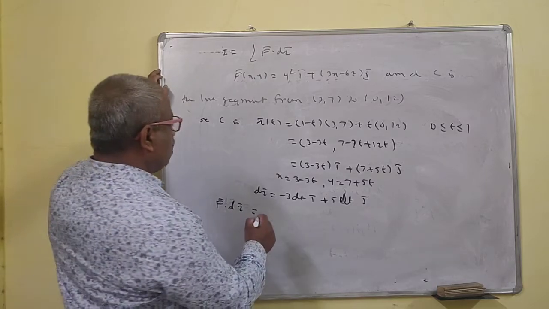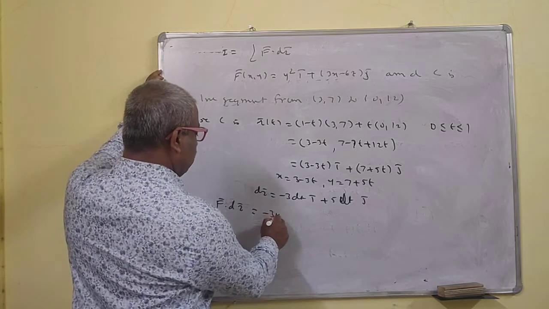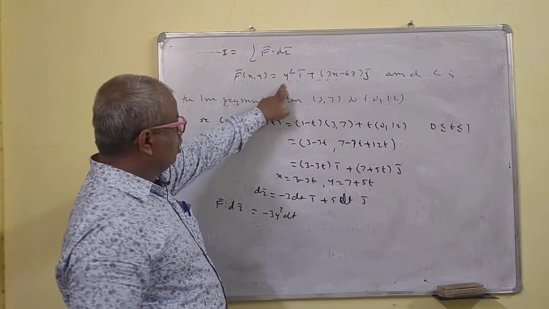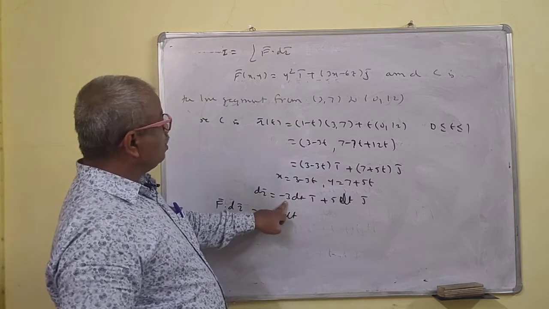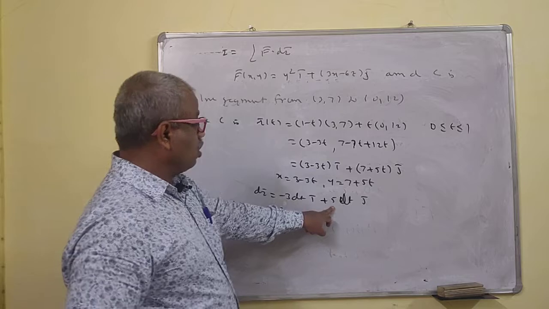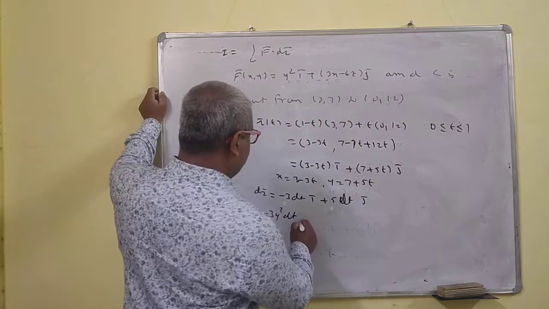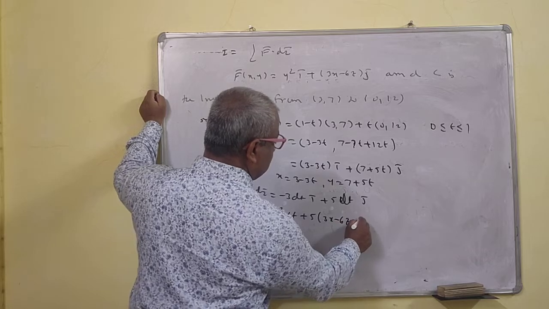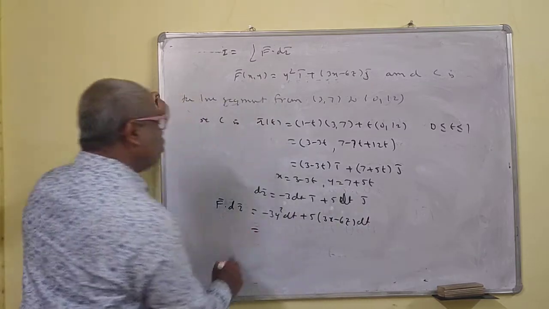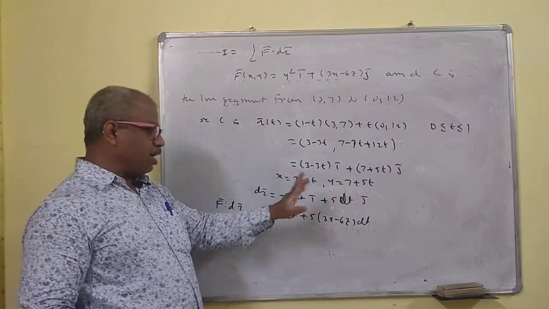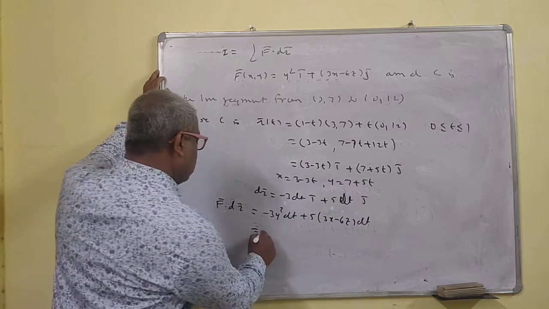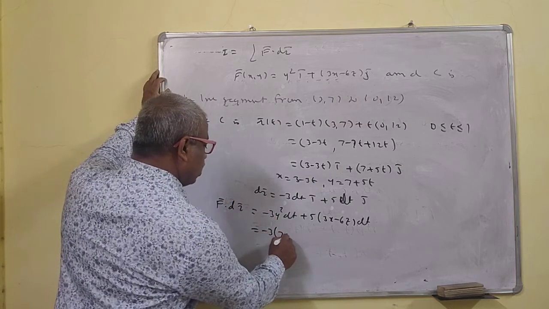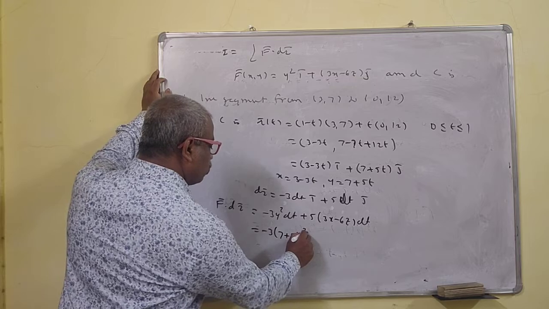So that is minus 3 y square dt, this is y square and this is minus 3, then this is 5 dt j bar. So plus 5 times (3x minus 6z) dt. So put the values of x and y in terms of t now. So this is minus 3, your y is (7 plus 5t) square, and I write dt.